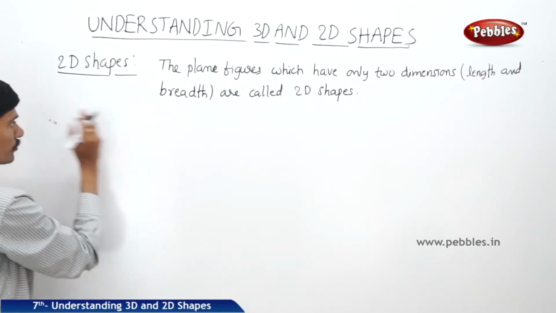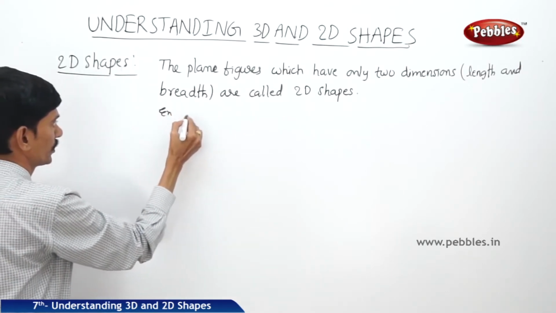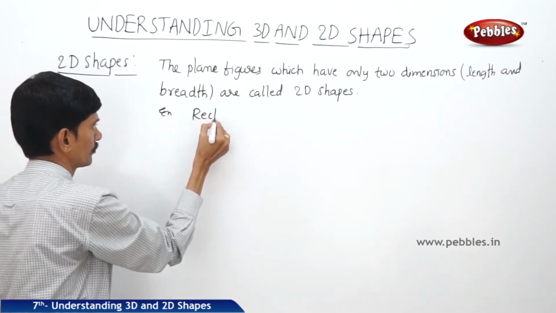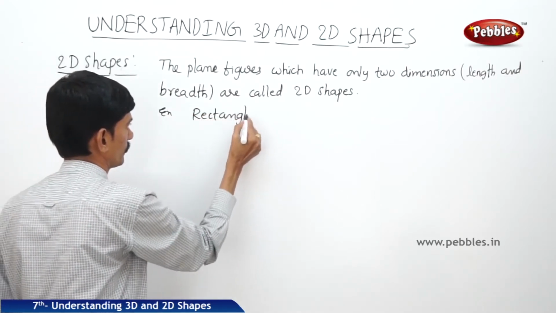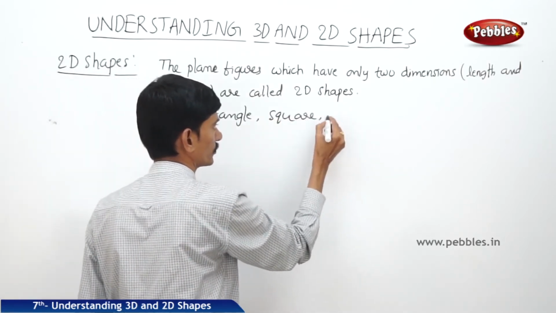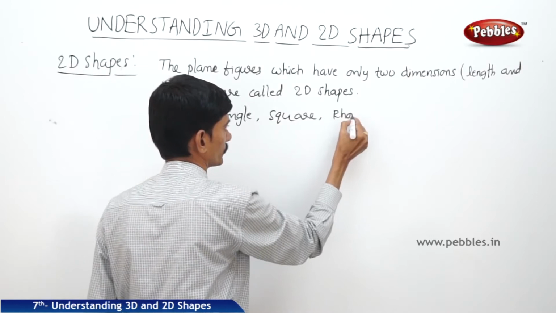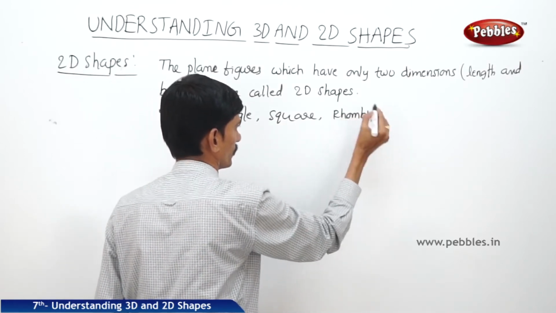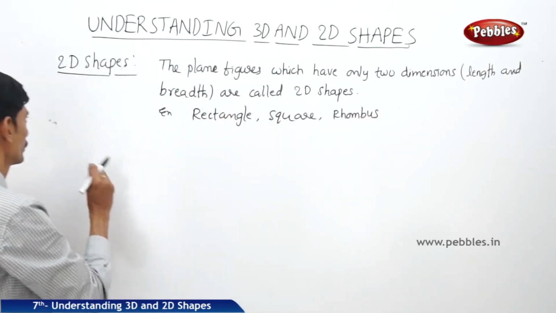Now the examples for 2D shapes are rectangle, square, rhombus, etc. Now the 3D shapes.